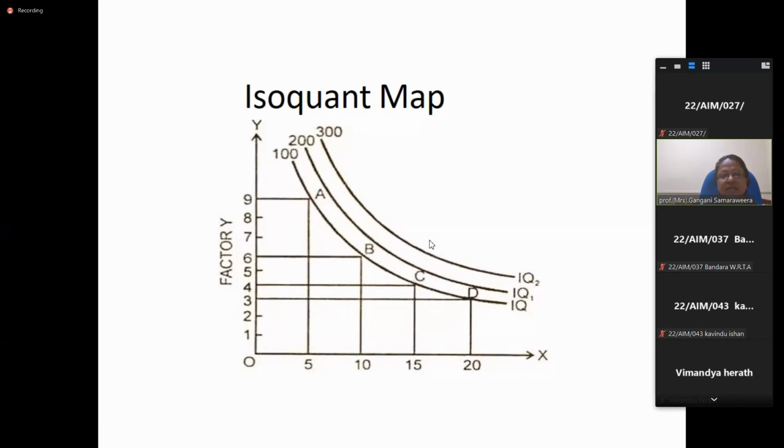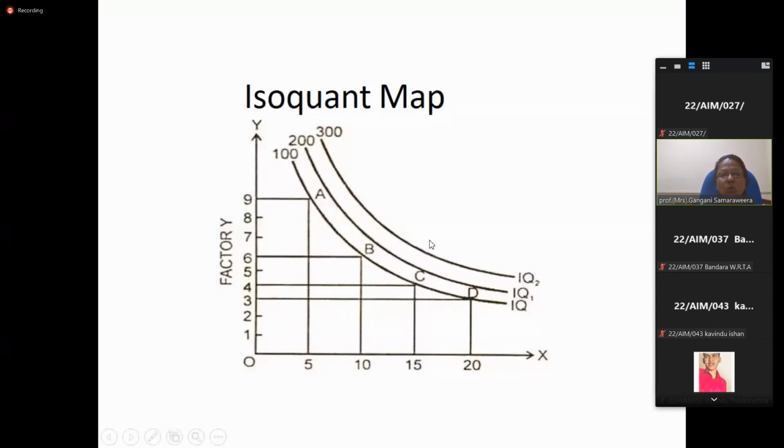So if we use this isoquant map, see here, 2 inputs we use and we get one isoquant. Another more and more inputs, another isoquant. Another isoquant. Okay, so different isoquants we use. We can take the isoquant map. Clear up to now? Okay, very good. Same level of output, but different combination of inputs.